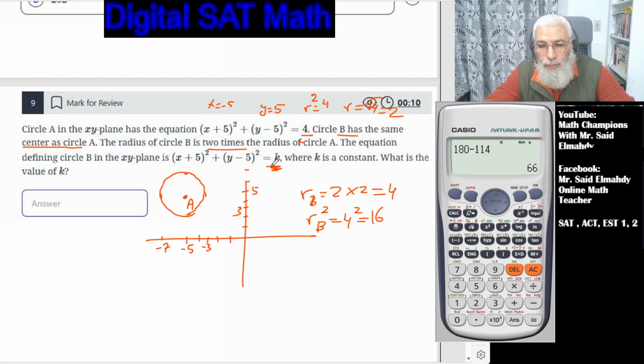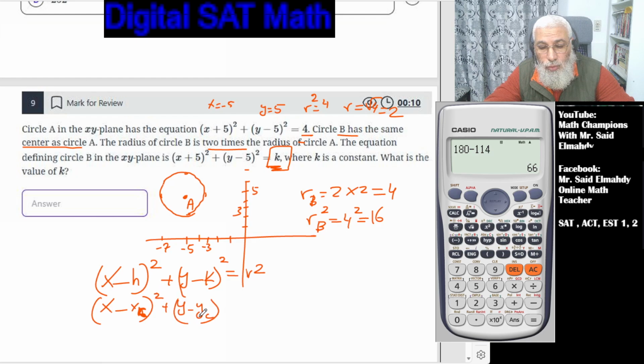The equation of a circle is (x minus h) squared plus (y minus k) squared equals r squared, so the radius of B squared is equal to 16, which is equal to k. So k is equal to 16. The answer is 16.